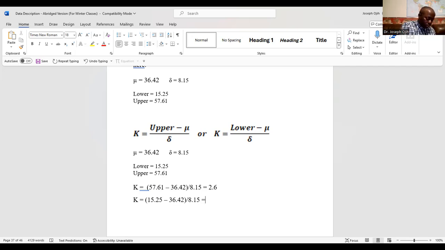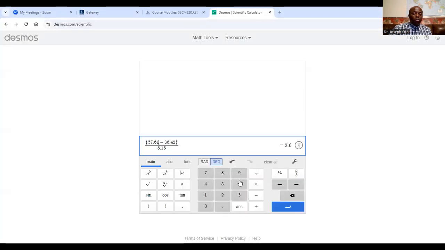So we change this to $15.25, since the mean is still the same. I got negative 2.598.